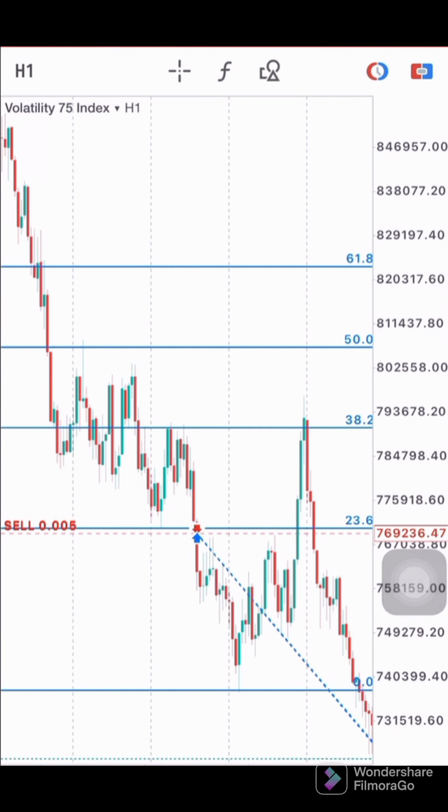Okay, before I enter my entry, please, if you look at this long downtrend, series of higher lows and lower lows, higher low, lower low, higher low, lower low, another lower low, another higher low.